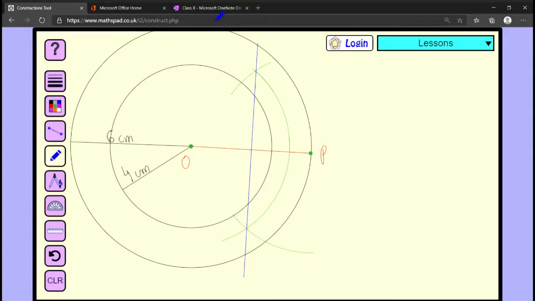This point here acts as the midpoint of the line segment OP. Let's name this as M.